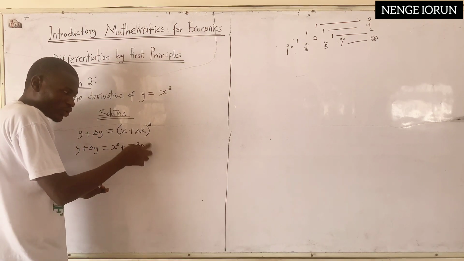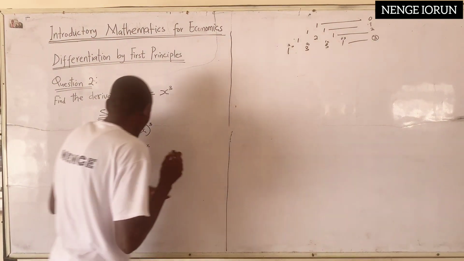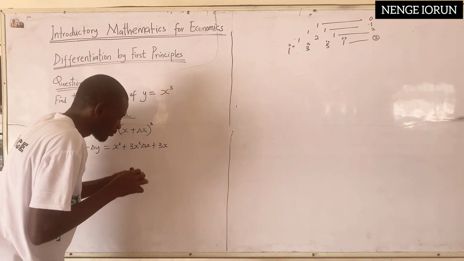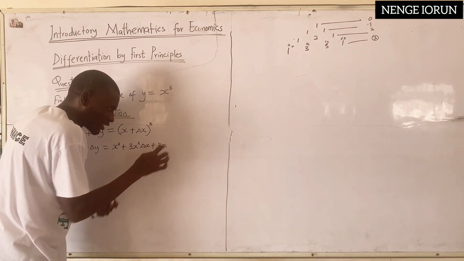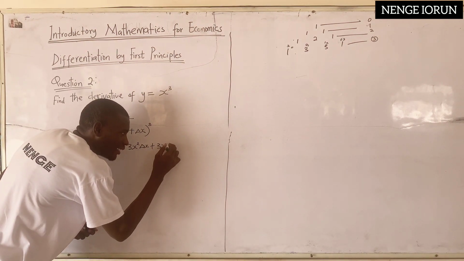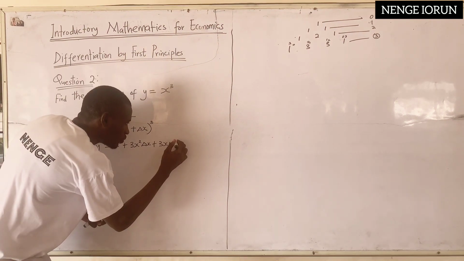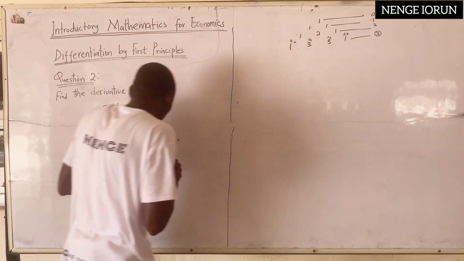It's as good as not putting 1 here. The next coefficient is 3, that is plus 3x. X will still reduce by 1, that is 1x, and delta x will increase by 1. Here it was 1, here it will be 2. The last coefficient is 1.